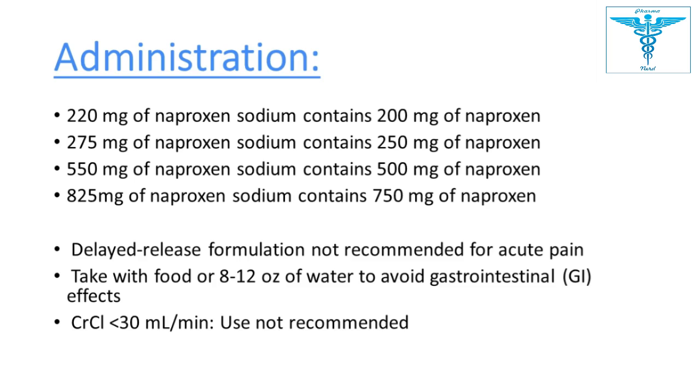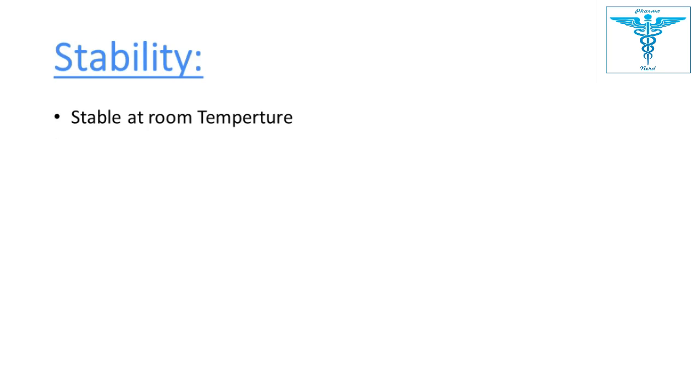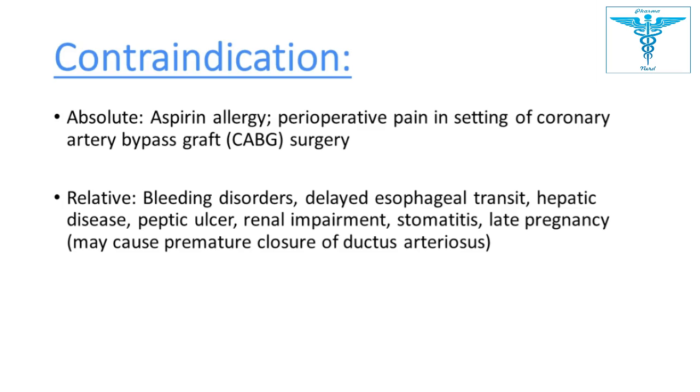Delayed release formulation is not required for acute pain, and take naproxen with 8 to 12 ounces of water. If the patient has GFR or creatinine clearance less than 30 ml per minute, then use is not recommended. Stable at room temperature. Contraindication: aspirin allergy and coronary artery bypass graft.